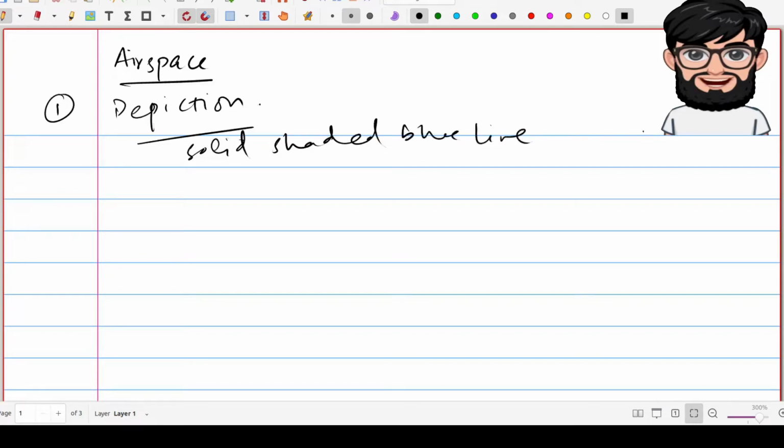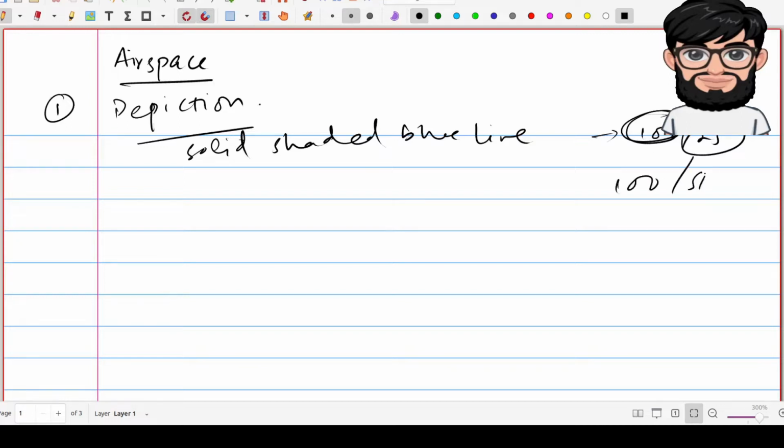And if you see numbers like 125, that just means that this is the top border. Basically that is the elevation where it starts, and this is the base.